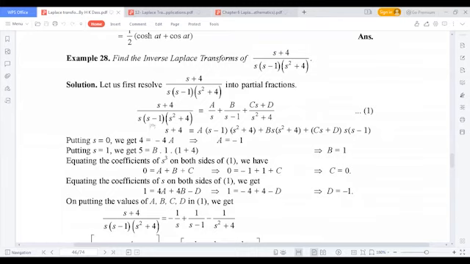That means s to the power 4 is produced, so we have to introduce 4 constants. So a by s, we can take as a fraction. Another will be b by s minus 1, and another fraction can be written as cs plus d divided by s square plus 4, because for s square plus 4 we have to introduce cs plus d. So after taking common here, we can make the partial fraction.